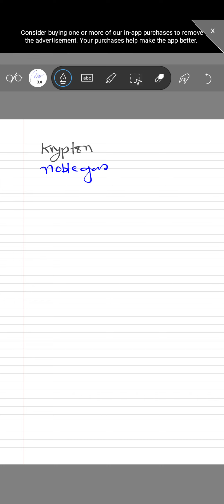And being a noble gas, there are no strong chemical bonds formed either with itself or with others.